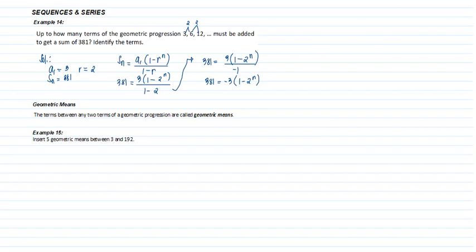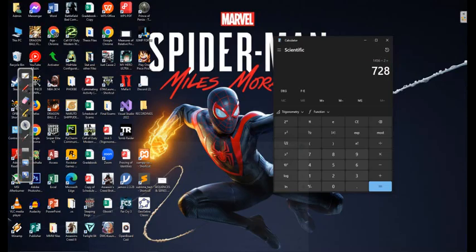And then we could divide both sides by negative 3 as well to isolate yung ating 2n, negative 2n. So if we do that, 381 divided by negative 3 is how much?